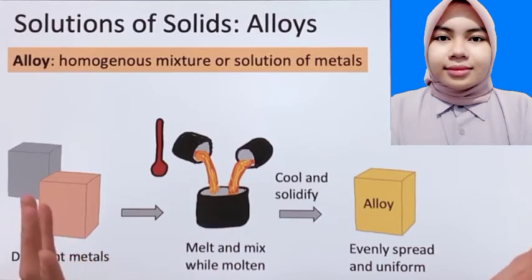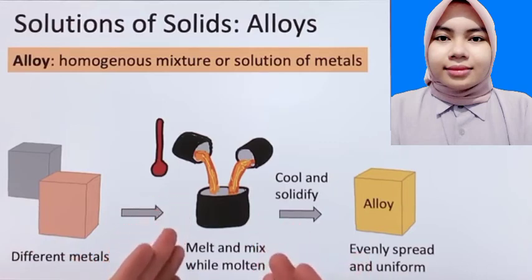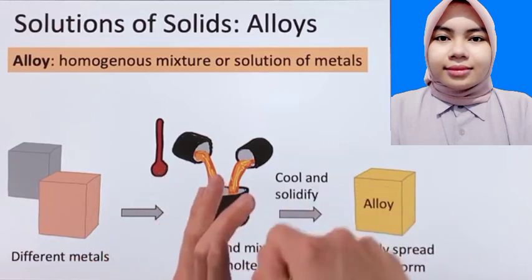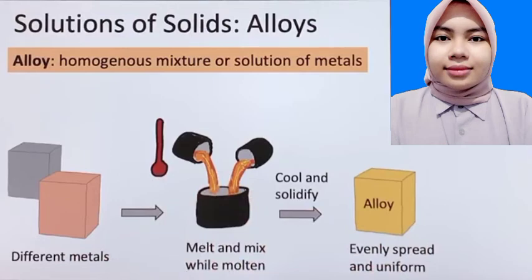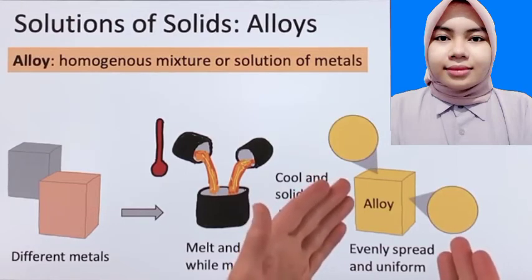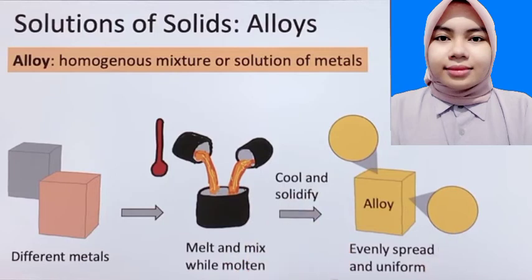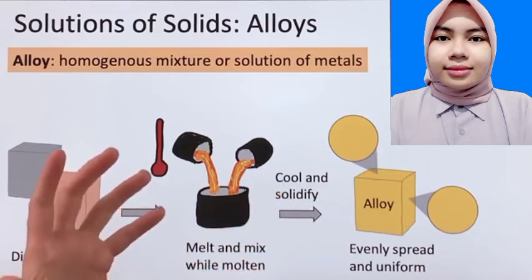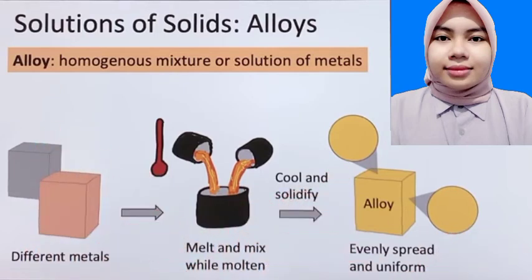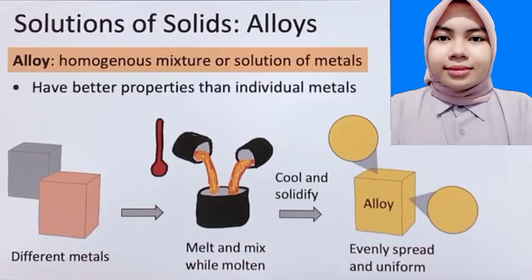You make an alloy by taking two different metals, or sometimes more, and then melting them and mixing them together while they're still molten. After they cool and solidify, the two metals are evenly spread throughout each other. To your naked eye, it looks like one single metal, nice and uniform, which is the hallmark of a solution.